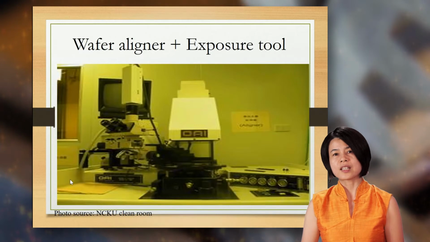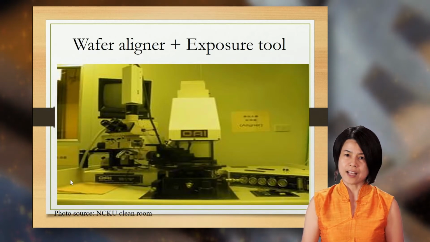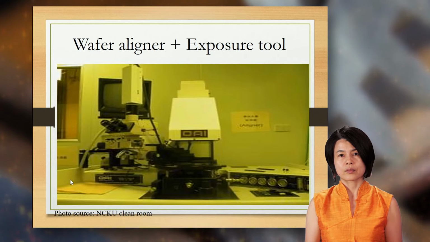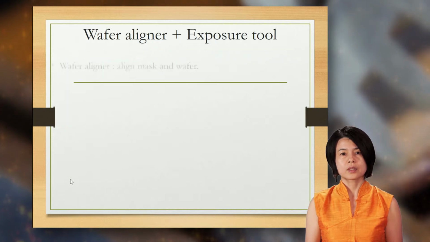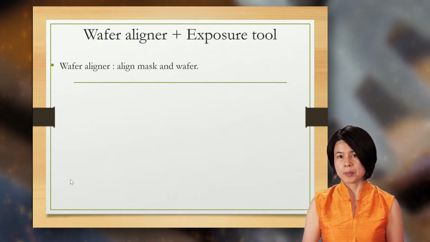This figure shows the other machines for microfabrication, the wafer aligner and exposure tool. They are also in the NCKU clean room. The purpose of a wafer aligner is to align the position of a mask on a silicon wafer.